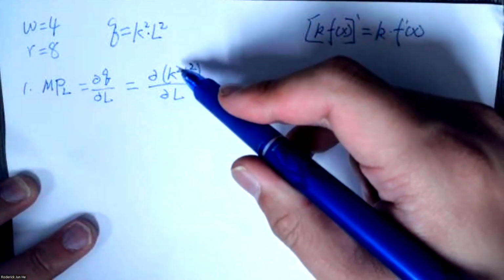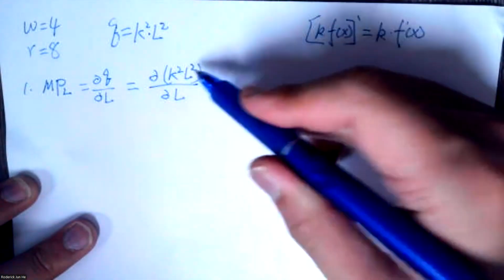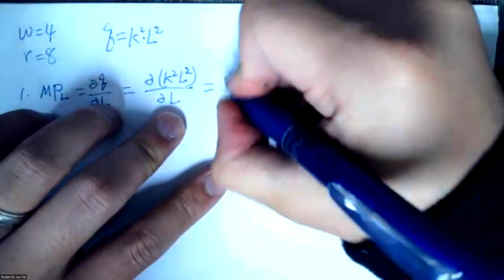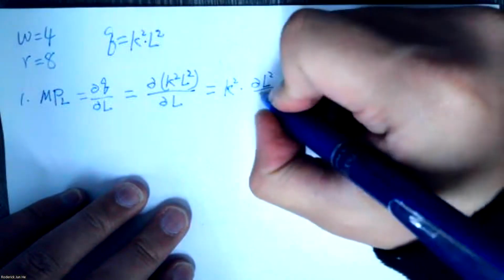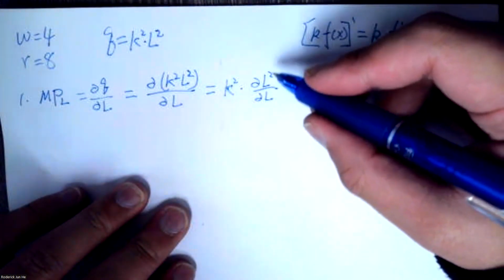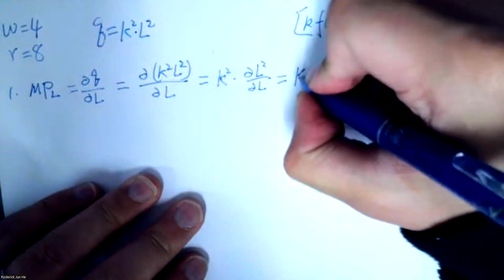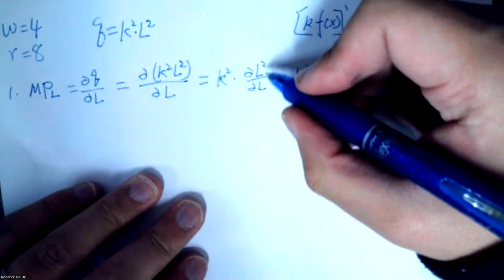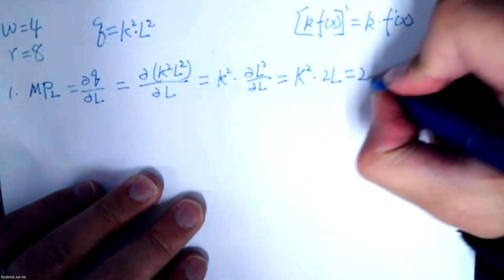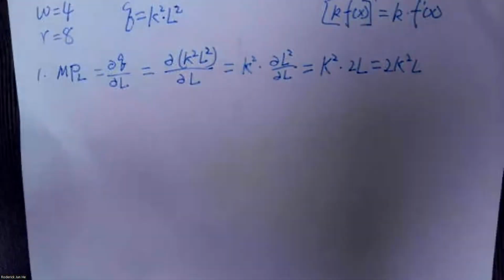Here, K squared is like the k, a constant multiplier, so we just write it out: K squared multiplied by the derivative of L squared with respect to L. Here we utilize the derivative of the exponential function. The derivative of L squared with respect to L is 2L, so the result is 2K squared L. We just move the 2 to the front.